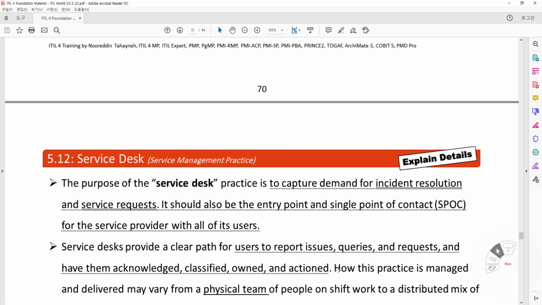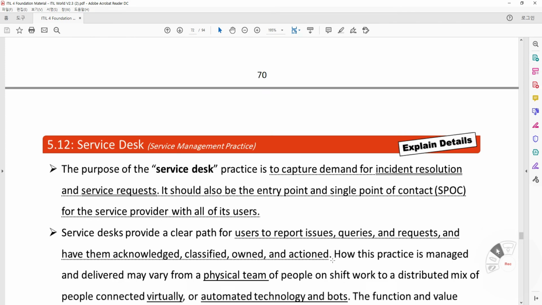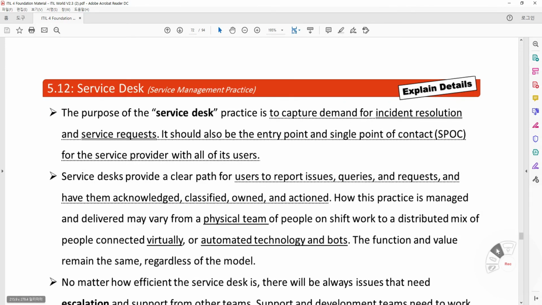How this practice is managed and delivered may vary from a physical team of people on shift work, or a distributed mix of people connected virtually, to automated technology, or both. The function and value remain the same regardless of the model.